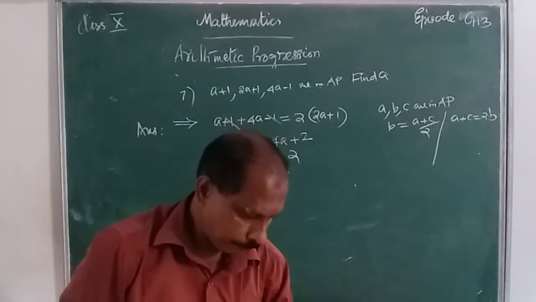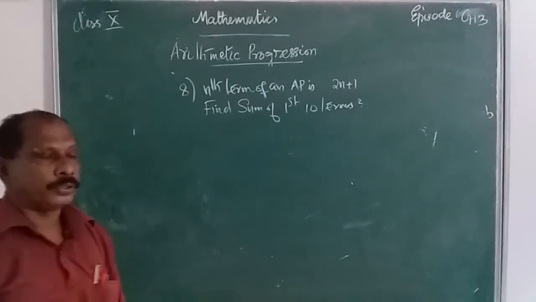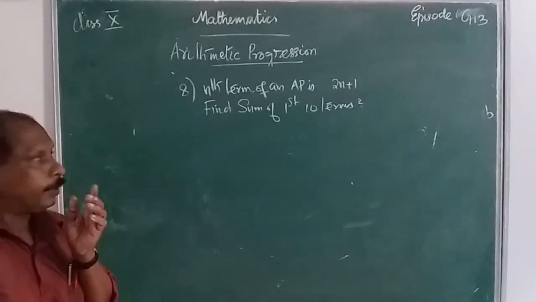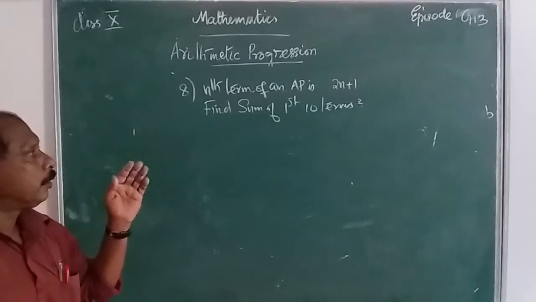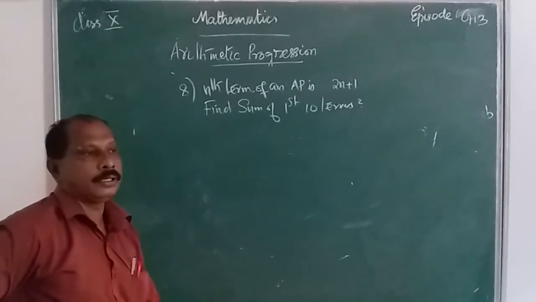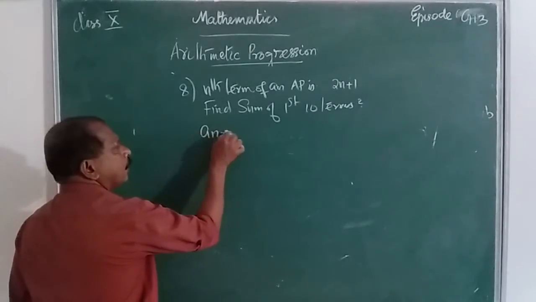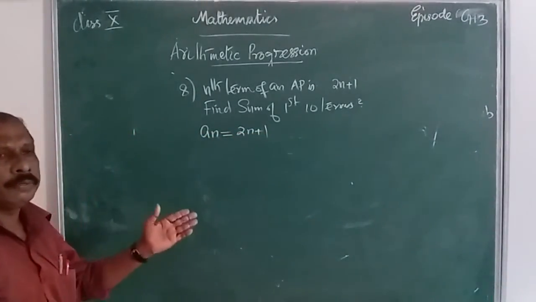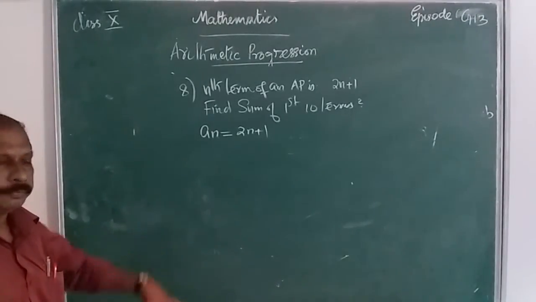The next question, the 8th question: nth term of an arithmetic progression is 2n plus 1. Find the sum of first 10 terms. Nth term is given that an is equal to 2n plus 1. We know that n is 1, we get the first term, n is 2, we get the second term, n is 3, we get the third term.